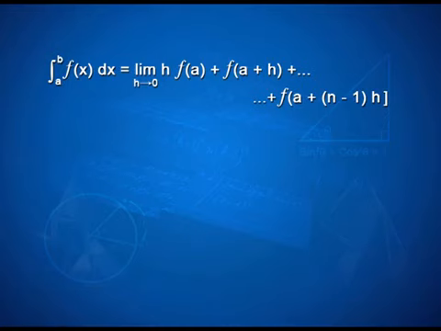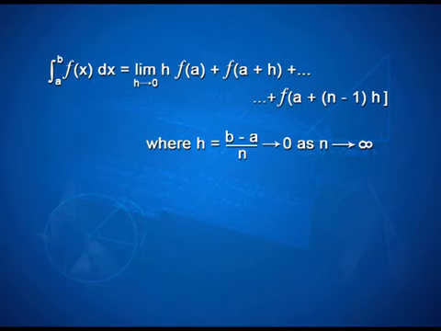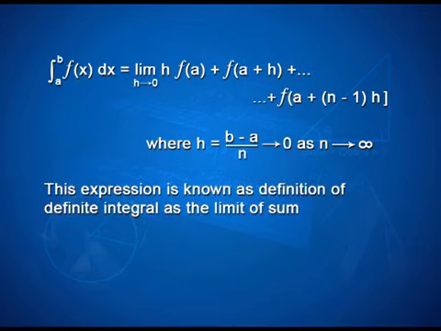That is, the integral from a to b of f of x dx is equal to limit h tends to 0 of h into [f of a plus f of a plus h plus ... plus f of a plus (n minus 1) h], where h is equal to (b minus a) upon n, which tends to 0 as n tends to infinity. This expression is known as the definition of definite integral as the limit of a sum.